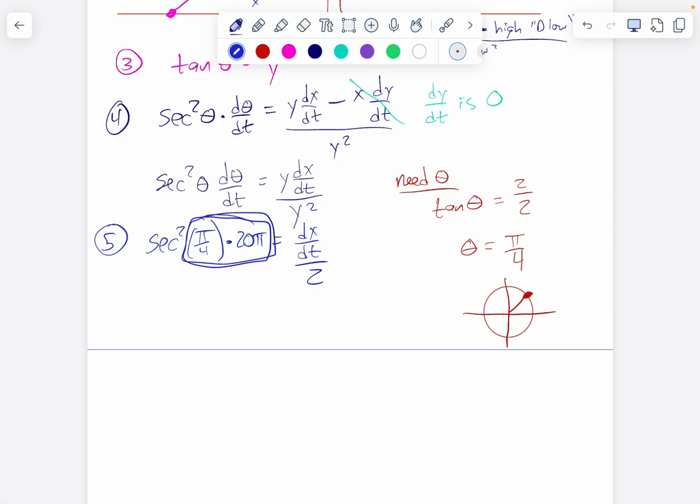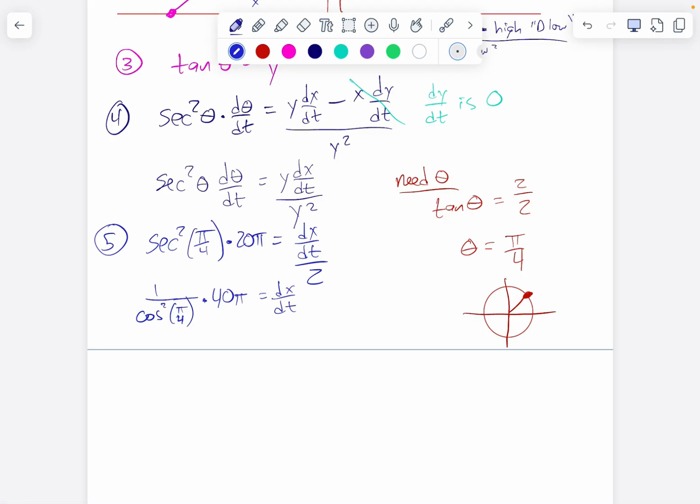We have pi's and we have 4's. Can I simplify that at all? No, because one of them's inside of the secant squared, right? Okay, so I can just do this: 1 over cosine squared of pi over 4 times 40 pi. So I just multiplied the 2 over.